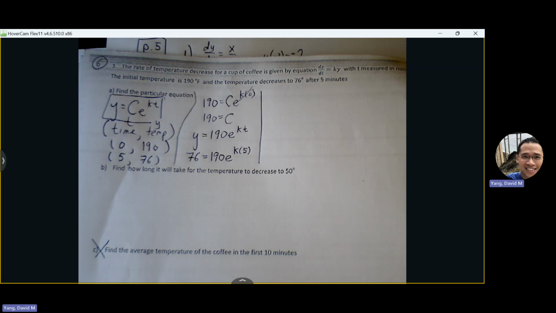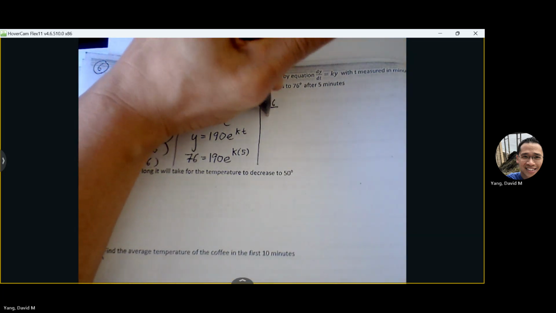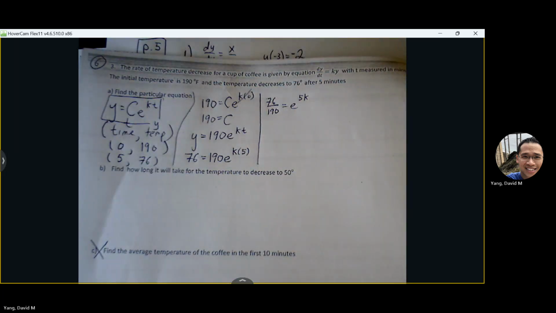We can move that 190 over to the left first. 76 over 190. I think that comes out to be a nice number, hopefully. 0.4.